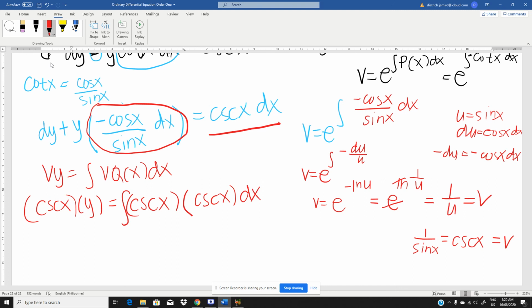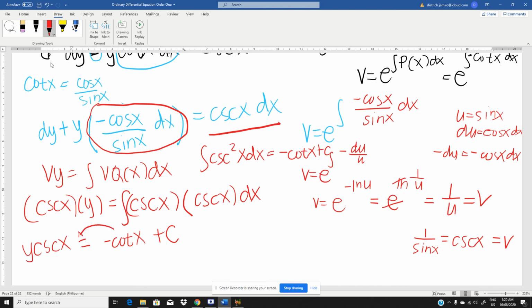And then integrating further, we will have cosecant of x times y is equal to integral of cosecant squared x dx. We know that the integral of that is negative cotangent of x plus c. So we will have negative cotangent of x plus c. And then, transposing this one to the left side, we will have y cosecant of x plus cotangent of x is equal to c. That's the answer.